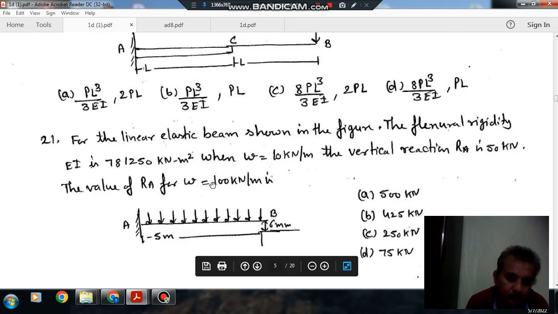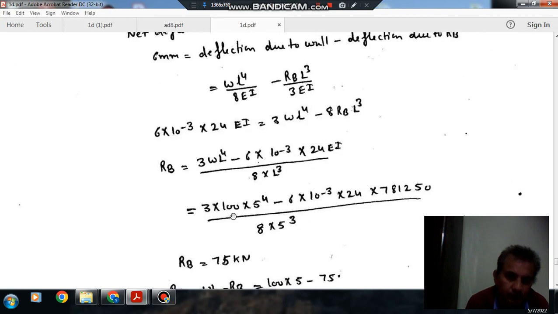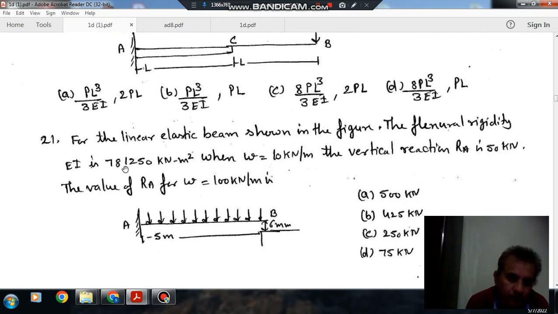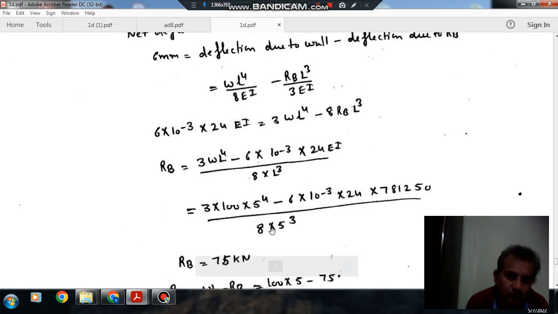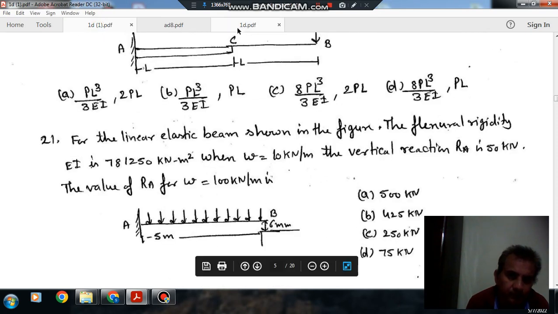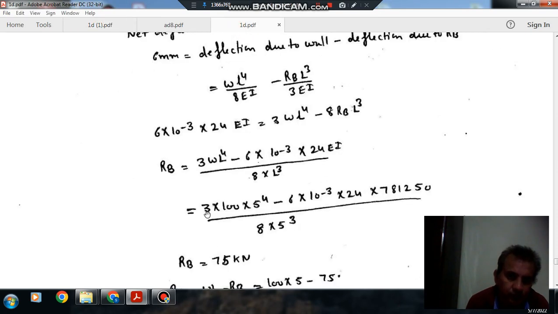Now w is 100 kilonewton per meter, EI is 781250, and L is 5 meters.